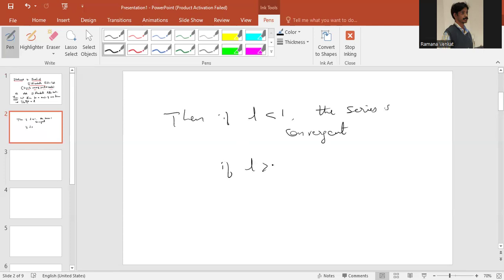If L is greater than 1, we conclude the given series is divergent.